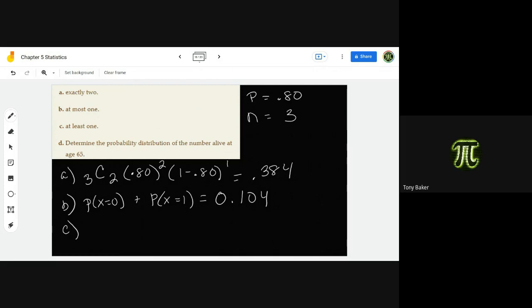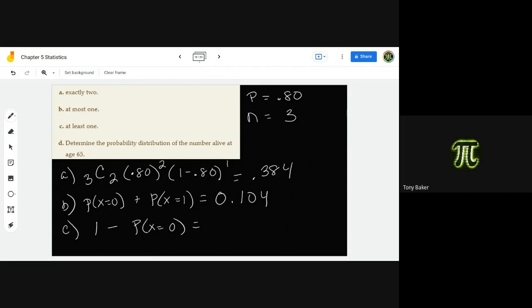So at least 1 means what? 1, 2, and 3, right? Okay. Now in this case, doing 3 isn't a big deal. But what's the other way I could do this? Right. So the only one I don't want is 0, right? So if I did 1 minus the probability of x equals 0, I would also get my answer, right?